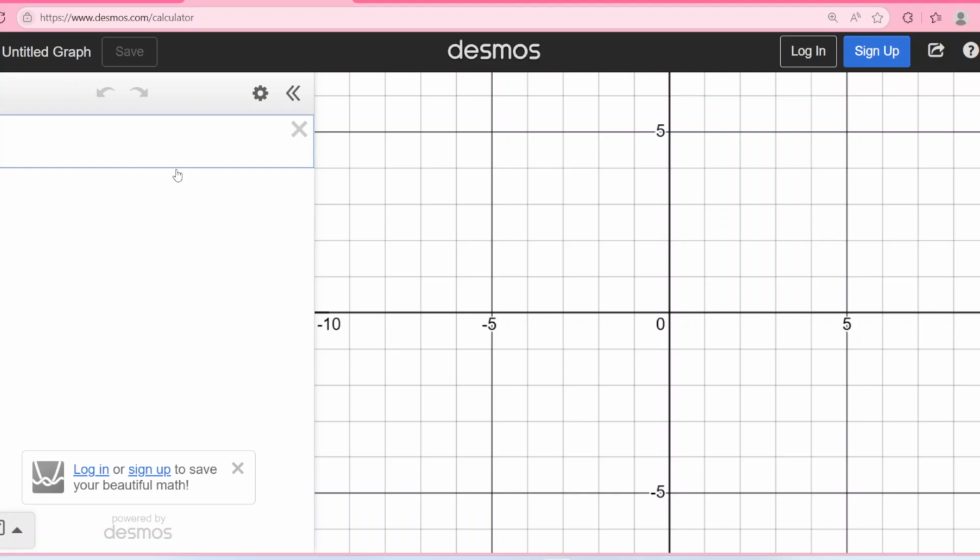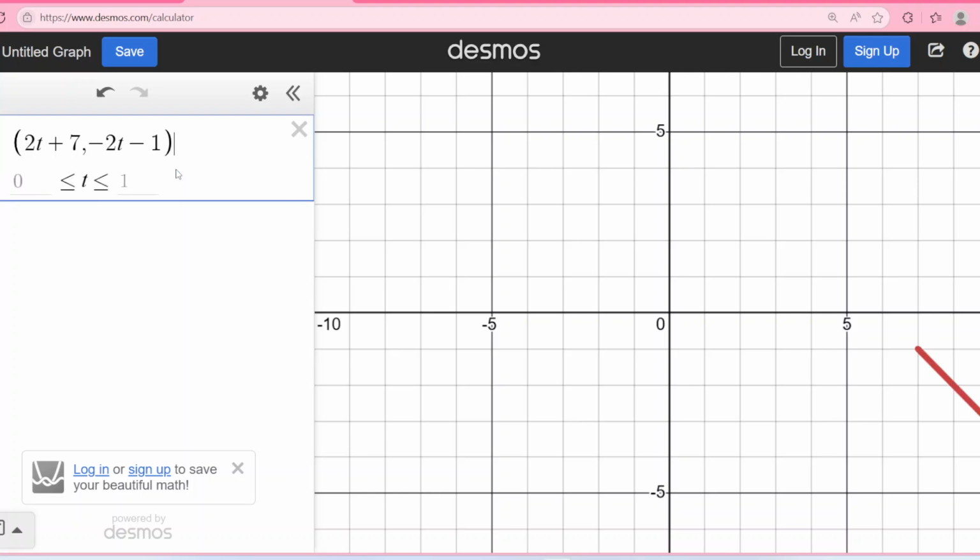So to enter parametric equations in Desmos, go left parentheses. You have to enter the parametric equations as an ordered pair. So the x coordinate in terms of t was 2t plus 7, comma, and the y coordinate was negative 2t minus 1.